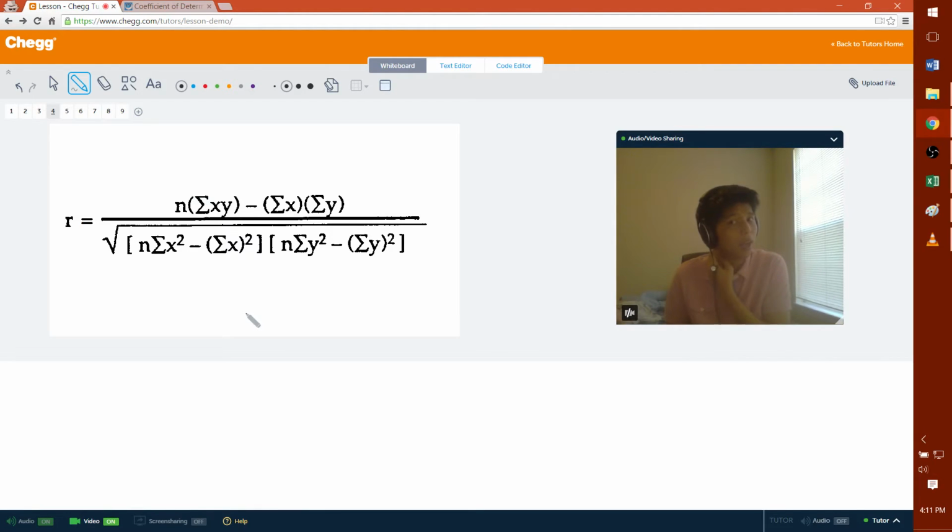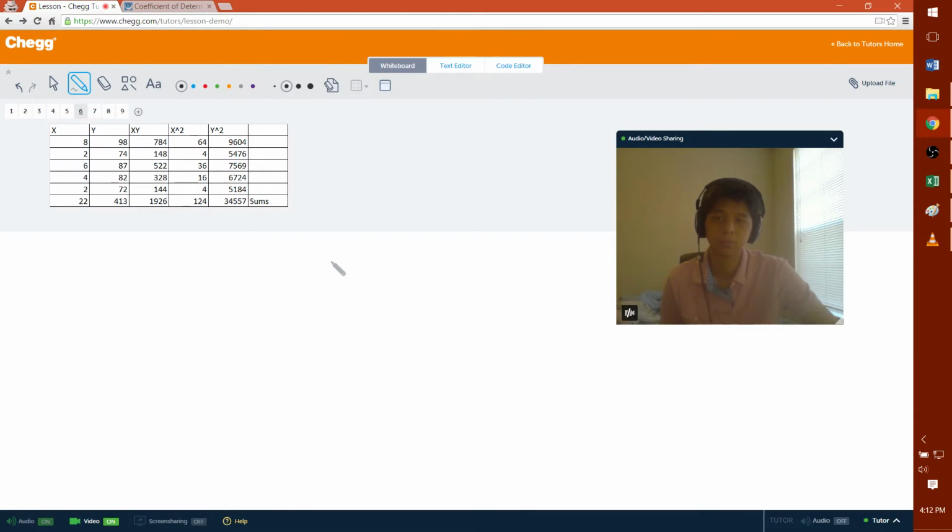Now, you can see from the rest of this formula that there's a lot of summation involved, and it gets pretty tedious. And that's why, when you're tackling these kinds of problems where you need to calculate R by hand, I recommend that you make one of these kinds of tables. This table I made quickly in Excel, but you can do it by hand if you have a calculator, pretty easily too. But in Excel it's super easy because all you have to do is type in your x's and your y's, and you can use the summation function that's built into Excel to calculate the bottoms.